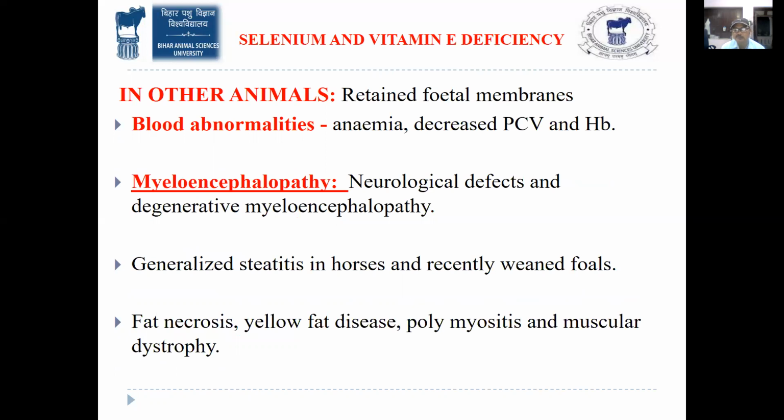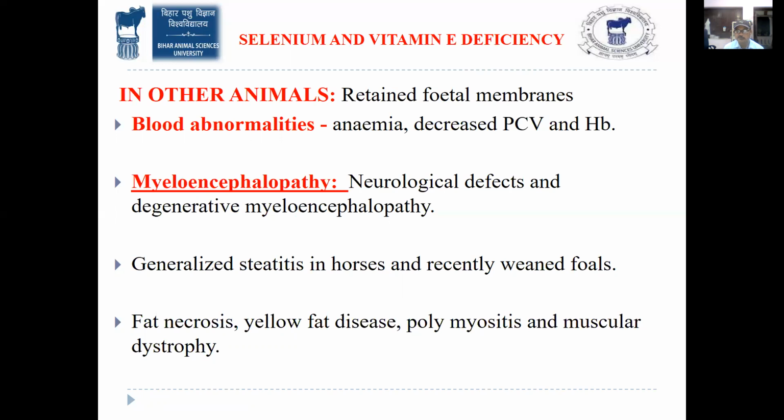In other animals, retained fetal membranes may be due to deficiency of selenium and vitamin E. Blood abnormalities like anemia, decreased PCV, and hemoglobin may be seen. Myoencephalopathy is a neurological defect, and degenerative myoencephalopathy occurs due to selenium or vitamin E deficiency.